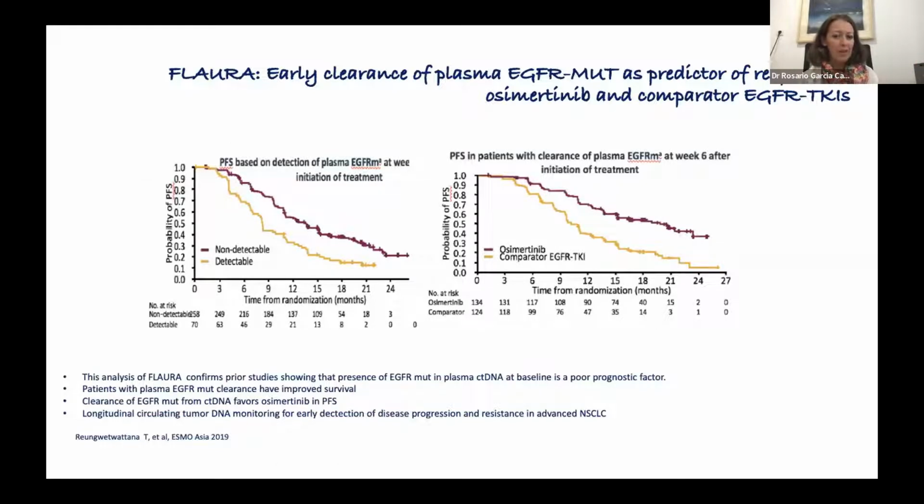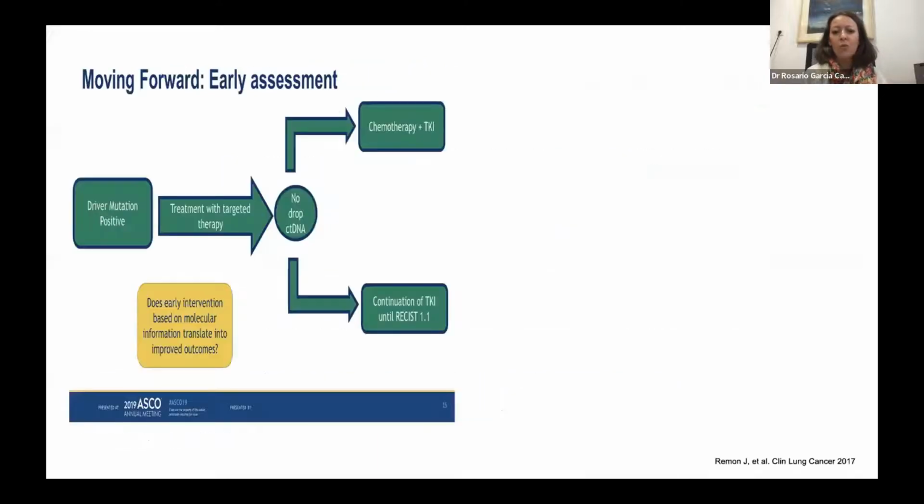So again, it's not only that patients are different from the very beginning, it's that we can monitor those patients under a specific treatment, and I think this is a very nice proposal, we could modify the treatment we are offering to our patients according to this active movement of the tumor cells. For example, we started an EGFR tyrosine kinase inhibitor, no drop in ctDNA. We can compare chemotherapy plus tyrosine kinase inhibitor or continuation of tyrosine kinase inhibitor.